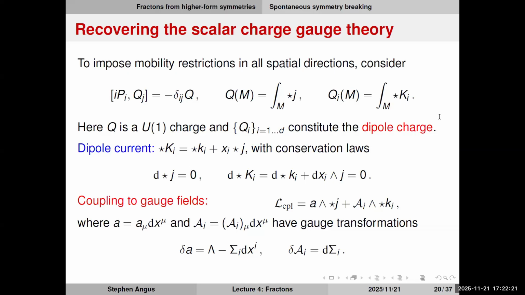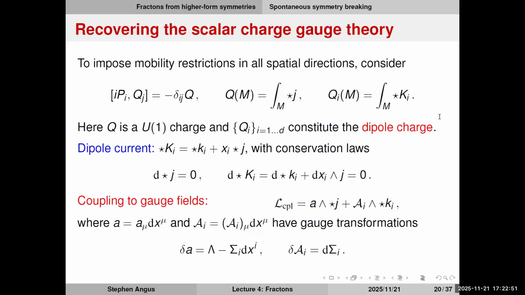So we have a coupling to gauge fields via an A wedge star j, and then we also have a curly A^i wedge star ki, where there's an implicit sum over i, so over all the different directions. Both this little a and curly a are one forms, but curly a has an additional spatial index i.